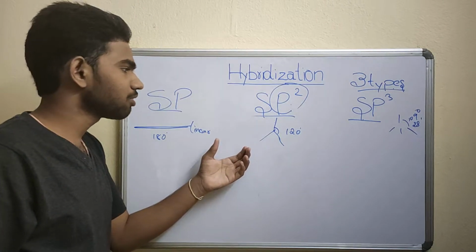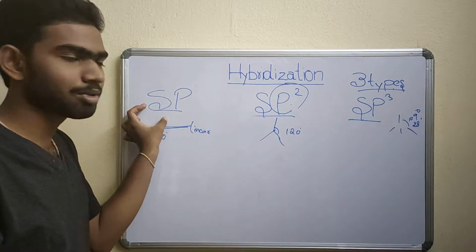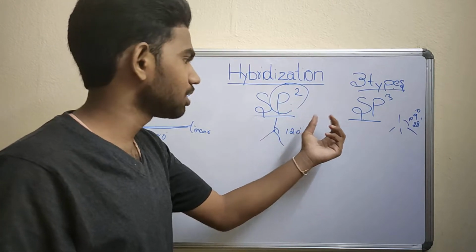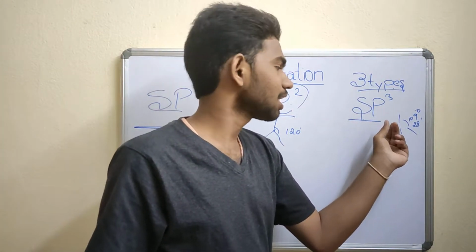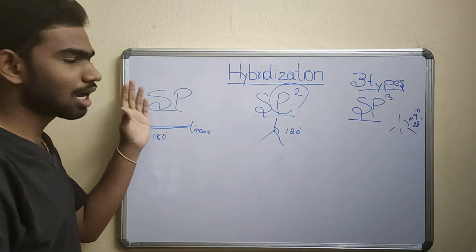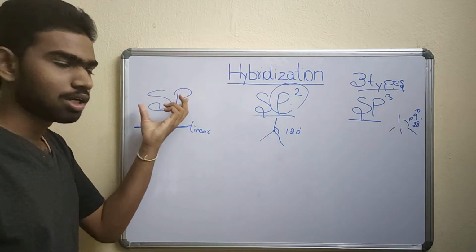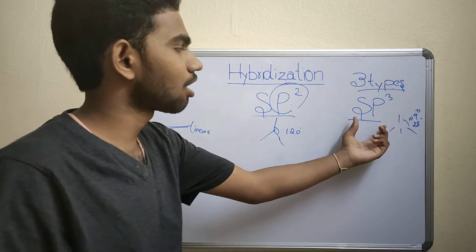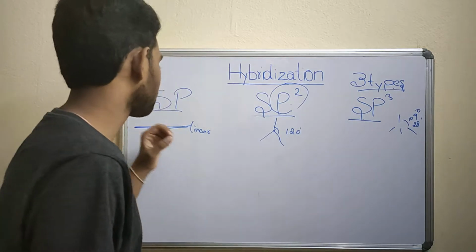So sp means one s orbital and one p orbital, sp2 means one s orbital and two p orbitals, and sp3 means one s orbital and three p orbitals. These orbitals intermix and form sp, sp2 and sp3 hybridized orbitals.